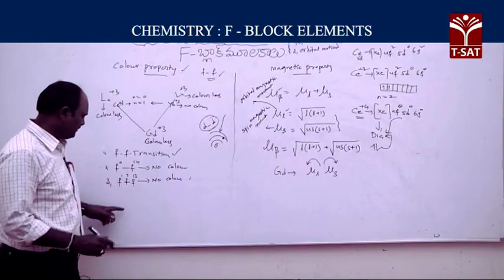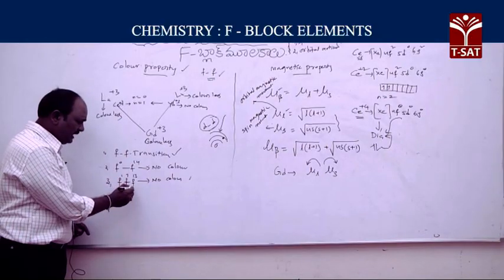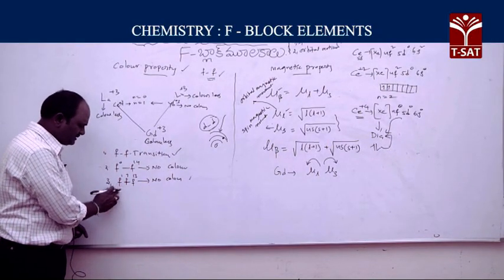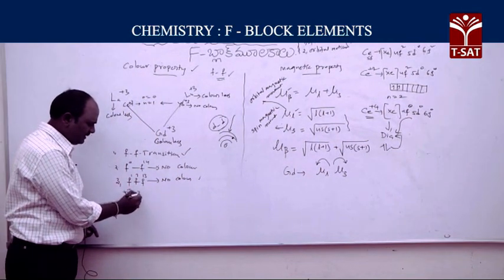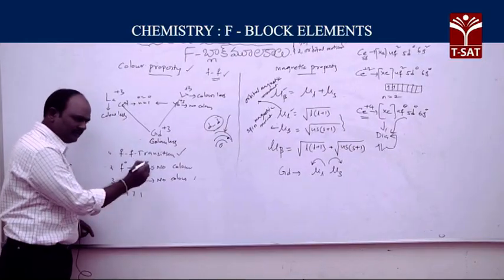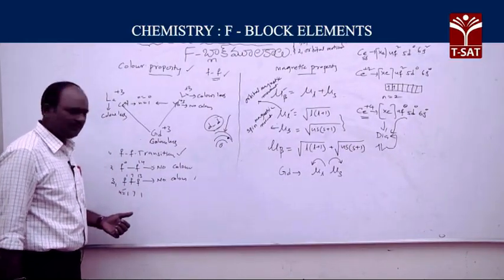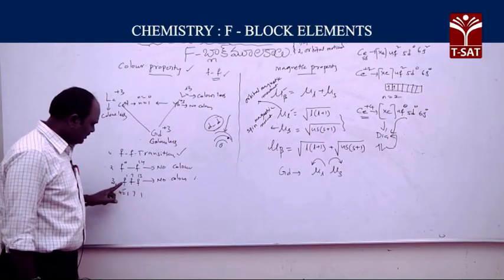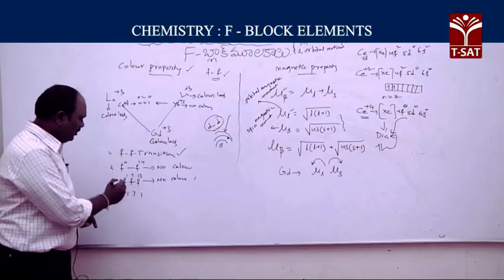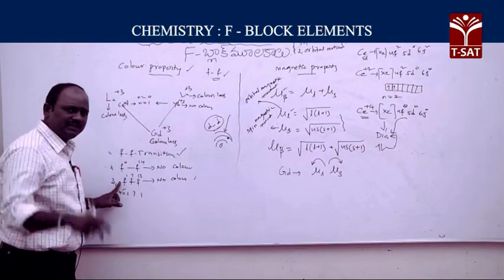But sometimes they contain 1 electron or 7 electrons unpaired. Here also, when f13 is there, the number of unpaired electrons is 1, and the number of unpaired electrons is 7 in the other case. So you can observe it here. When one unpaired electron is there in a transition element, definitely it exhibits the color property.